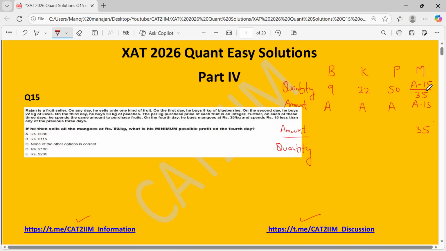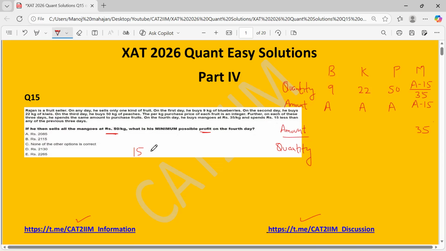So let's look at the question and then accordingly we can assume the value of A. So he's selling the mangoes at 50 per kg. So he bought for 35, selling at 50. So per kg there is a profit of 15, correct? Now what is the minimum possible profit they are saying on the 4th day?